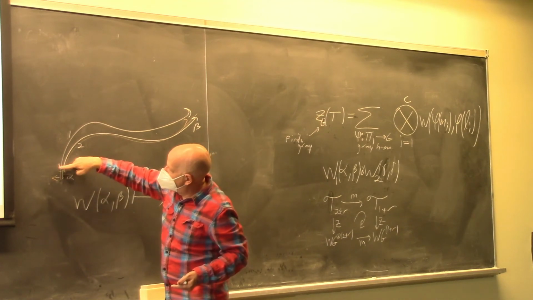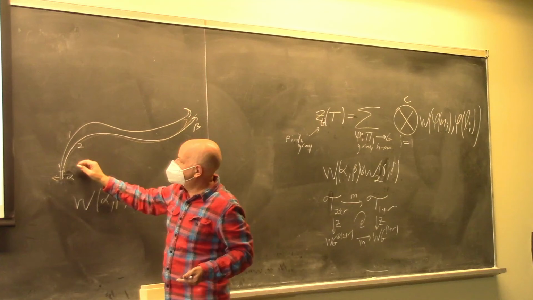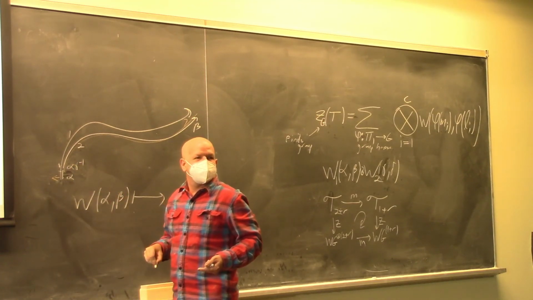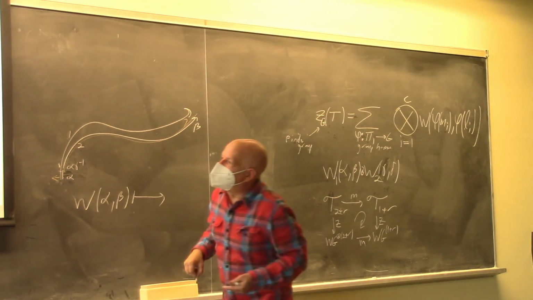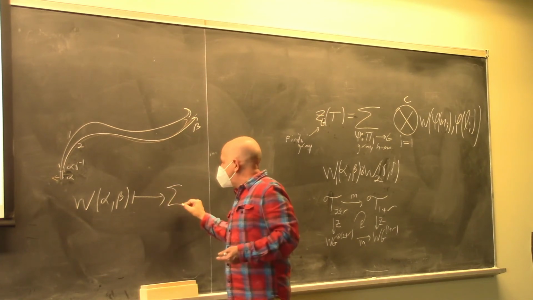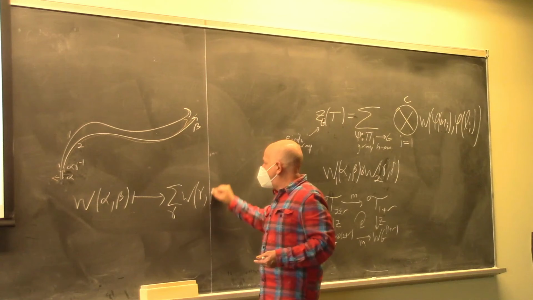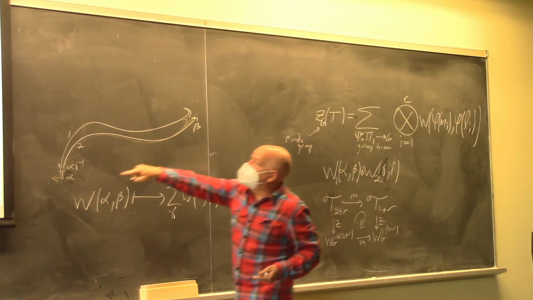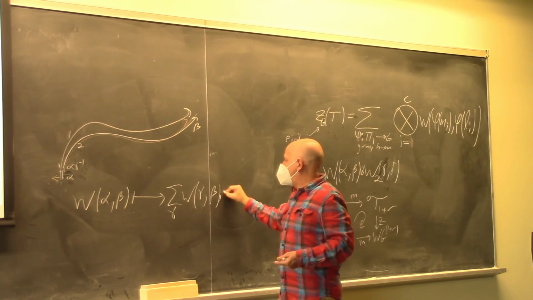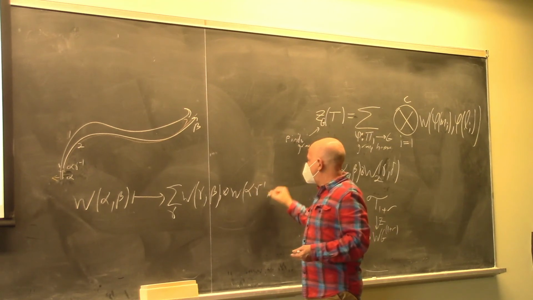So if I map component number 1 to gamma, then component number 2 must map to alpha gamma inverse. And hence this should go to the sum over all possible choices of gamma of W gamma beta, and the longitudes are the same for the two components. So W gamma beta, W alpha gamma inverse beta.